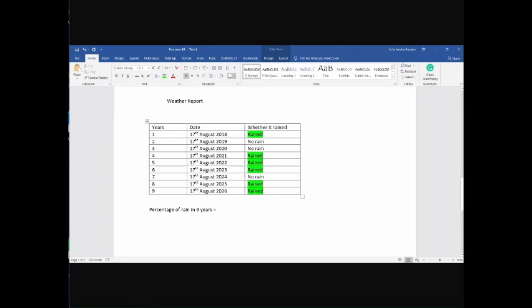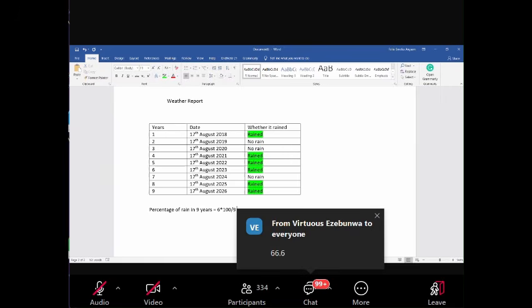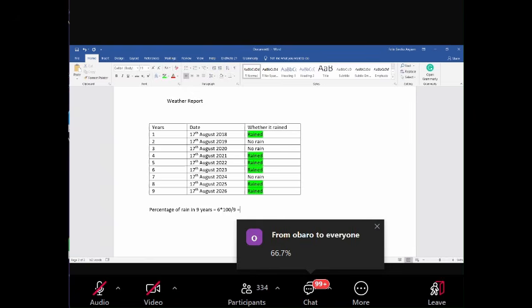So we have 1, 2, 3, 4, 5, 6. Good. So that's 6 times 100 divided by 9. That gives us 66.7%.